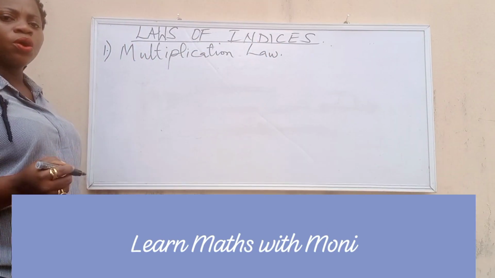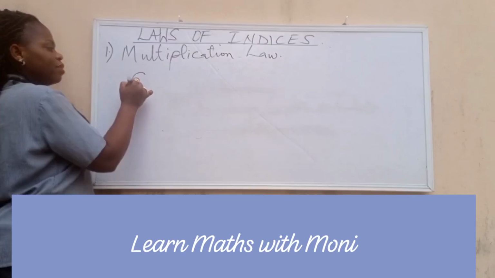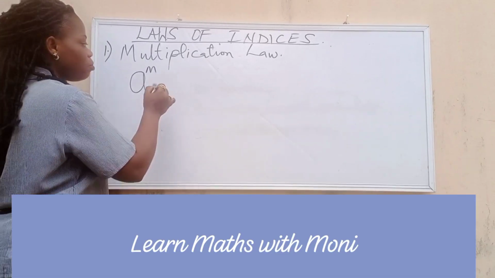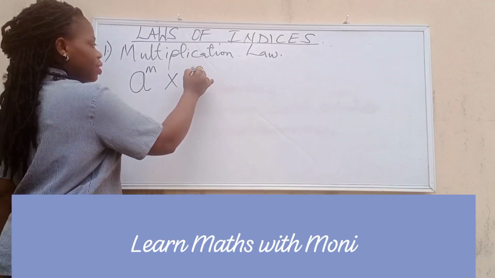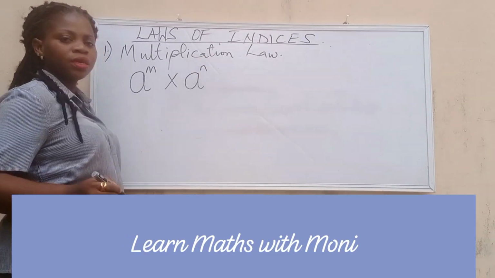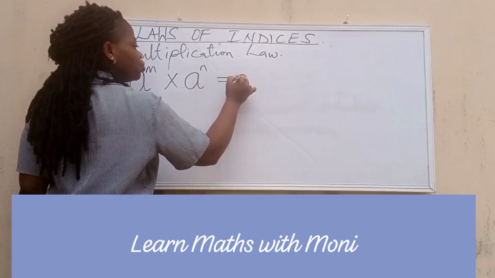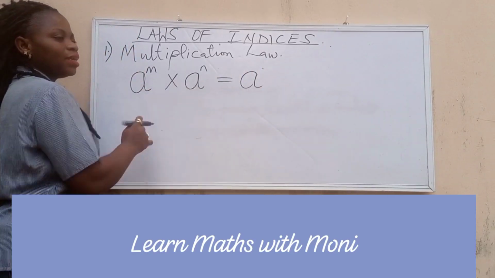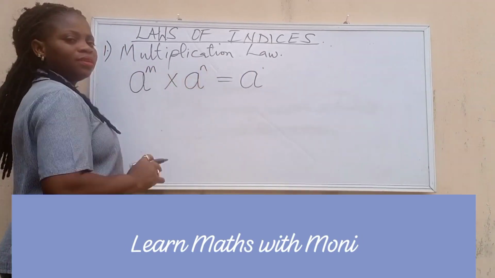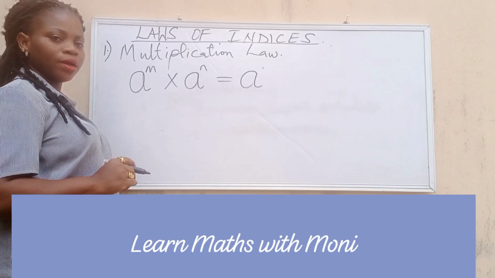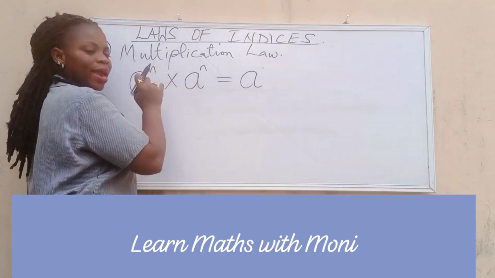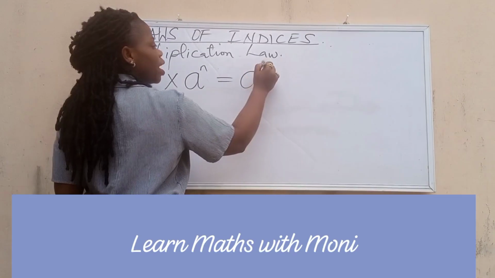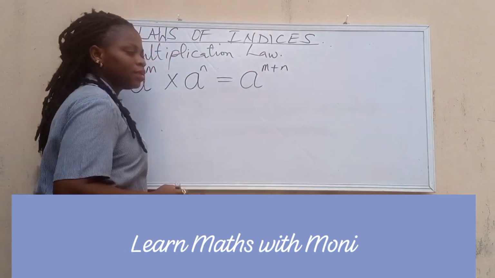The multiplication law says if I have a raised to power m and I'm multiplying another a raised to power n, since the bases are the same, I should add the exponents, the power. That is a raised to power m times a raised to power n equals a raised to power m plus n.